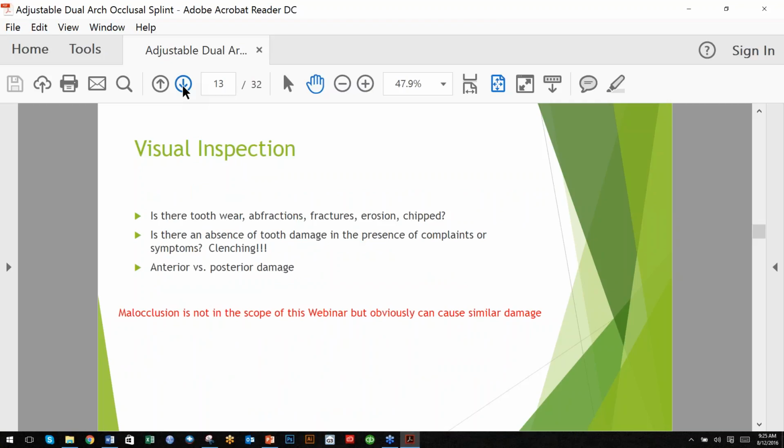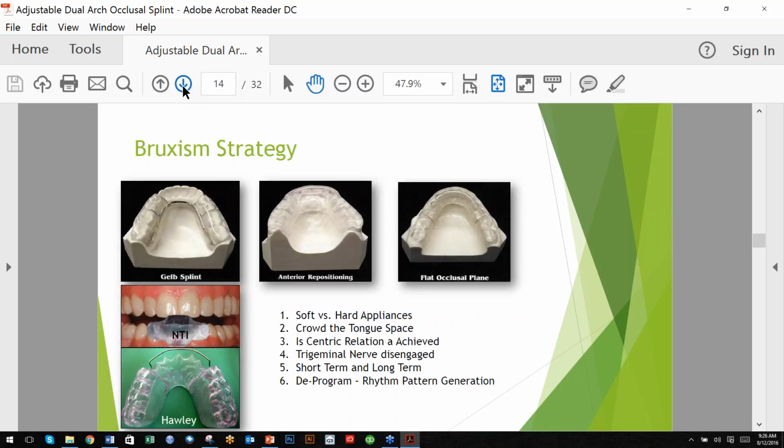Visual inspection. You guys could teach me this. I think the main thing here is that there's a whole category of malocclusion that's related to tooth damage. We're not going to talk about that today, but you know what you're looking for when you're going to treat a patient and you're looking at their teeth.